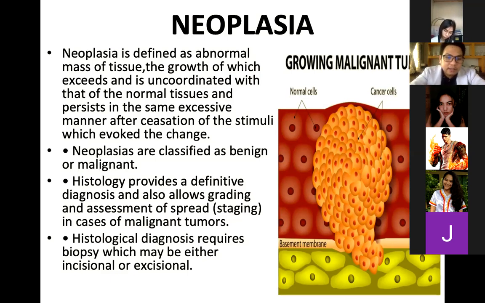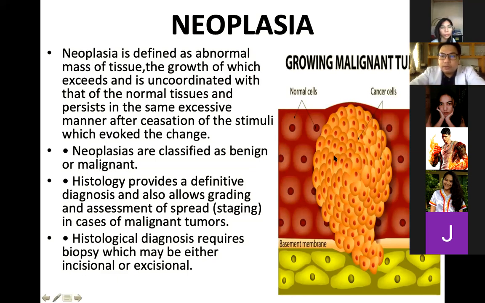So neoplasias are classified as benign or malignant. Histology provides a definitive diagnosis and also allows screening and assessment of the spread or staging in cases of malignant tumors. Histological diagnosis requires biopsy, which may be either incisional or excisional.